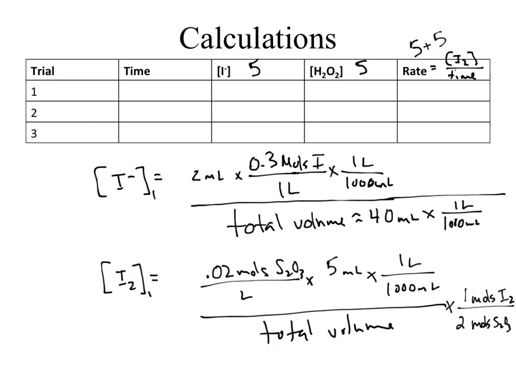Okay? The next part of this is actually propagating to what we want to get out of it. So that gets us to what we've seen in lecture. We've got our concentrations and we've got our rates. How would we determine the orders for our reaction in lecture? Get tested on it on Monday, come on.